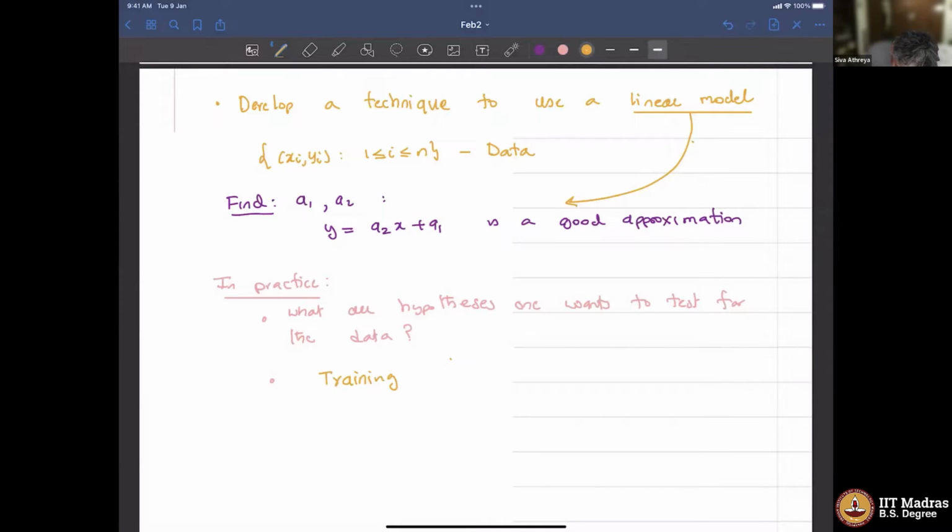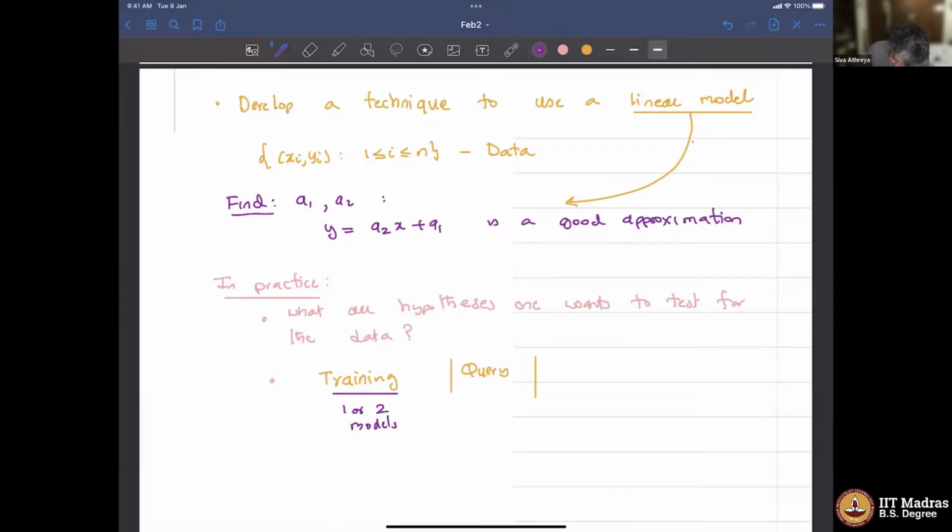The second part is a buffer part, which I'll call the query part. Let's say in the training part you don't get a unique answer. You get 1 or 2 models that you think are quite good for the data set.